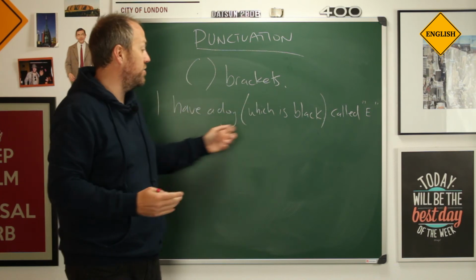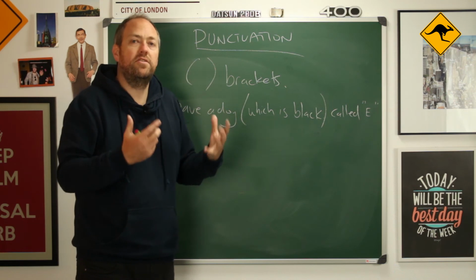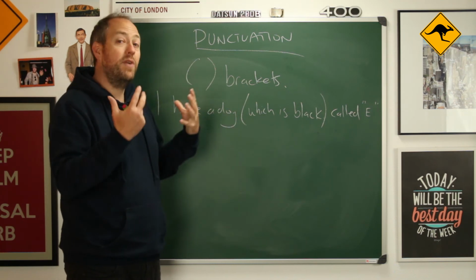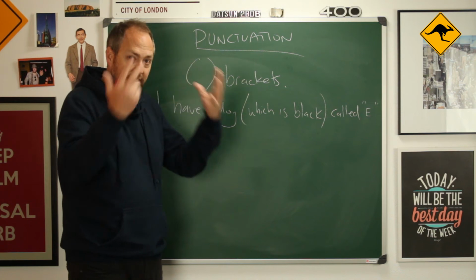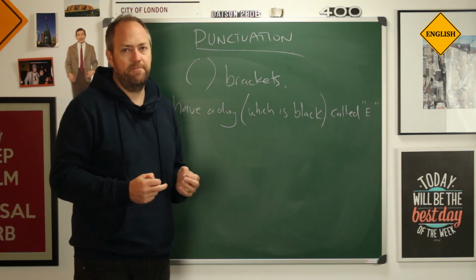I could say, I have a dog called E. So this information is a courtesy to the reader, because remember, we want to help the reader to understand, okay, to pause when necessary, to understand exactly what we want to say.